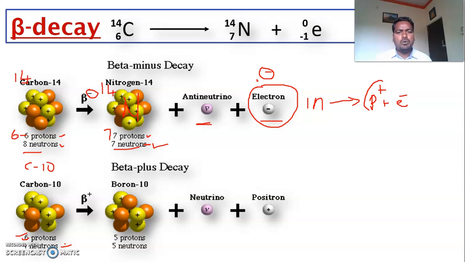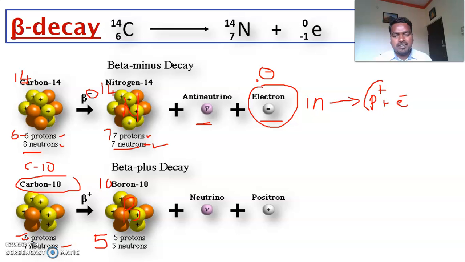You must be able to identify exactly which change is happening in the nuclear reaction. So here it is another isotope of carbon, C-10. Then it becomes boron. So the atomic number is decreased by 1 unit, but the mass number remains the same.